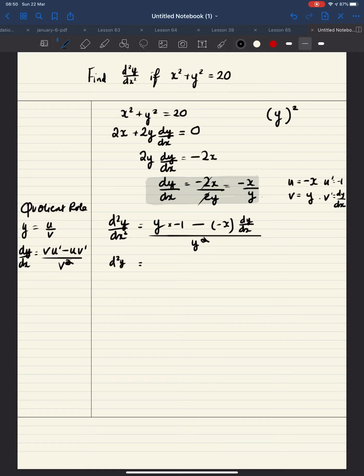This is d2y by dx squared. It's going to be minus y, and then we've got minus minus x, so it's plus x dy by dx, all over y squared.